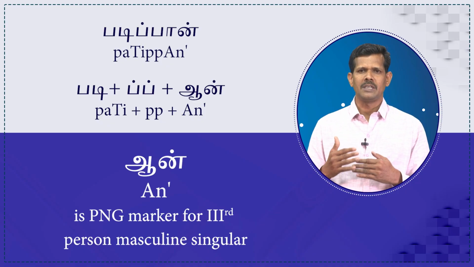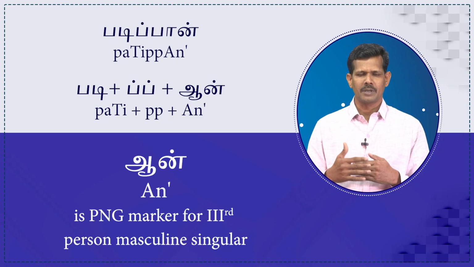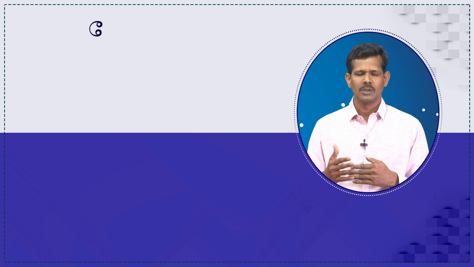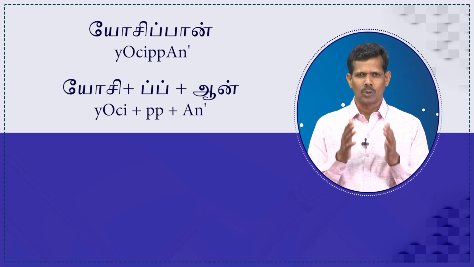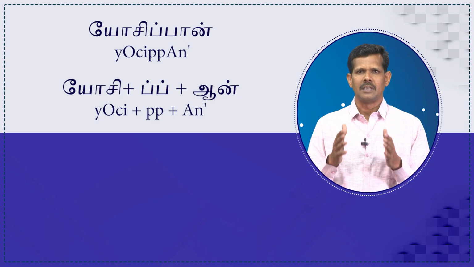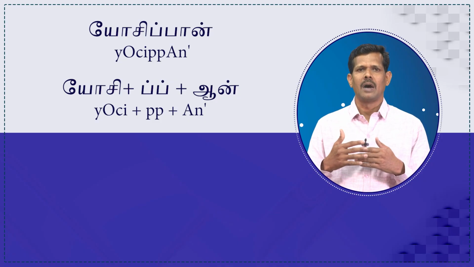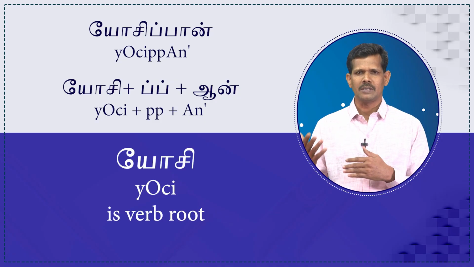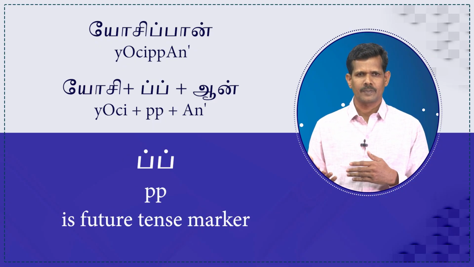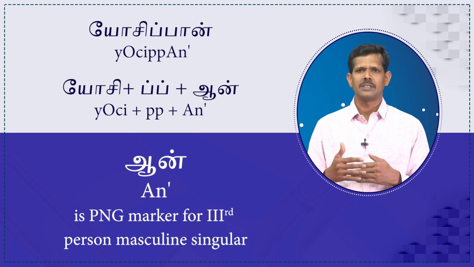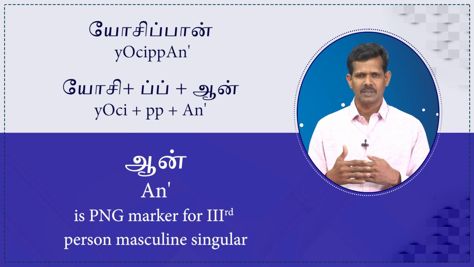An is PNG marker for third person masculine singular. Next example is Yosipan. It is segmented as Yosi plus p plus an. Yosi is verb root. P is future tense marker. An is PNG marker for third person masculine singular.